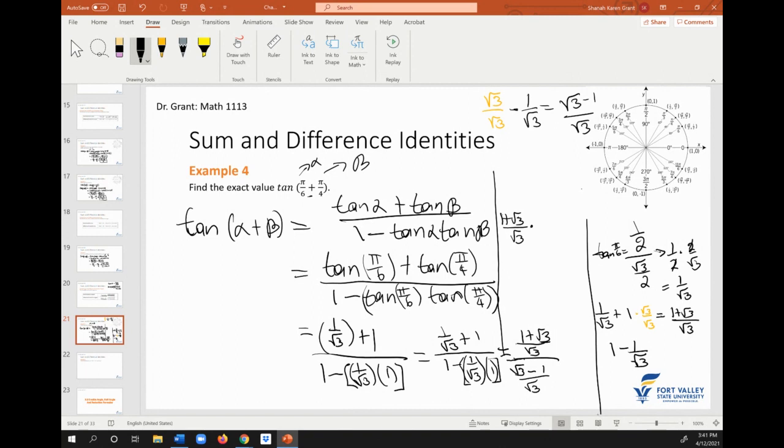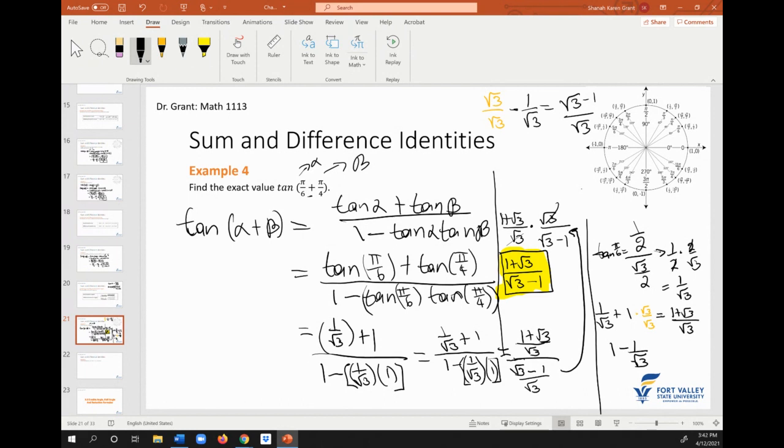Change to multiplication. This becomes root 3 divided by root 3 minus 1. My root 3's cancel, so I have 1 plus root 3 over root 3 minus 1. And this is my answer. So it gets a little bit messy, but once you keep your algebra together, you should be fine.